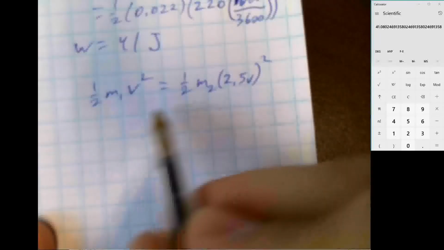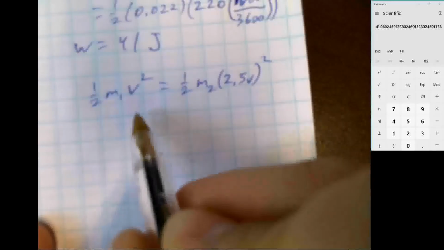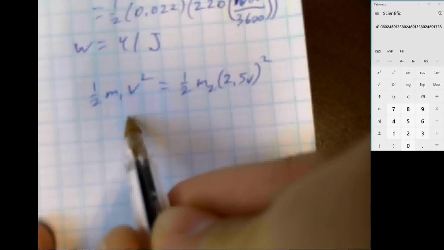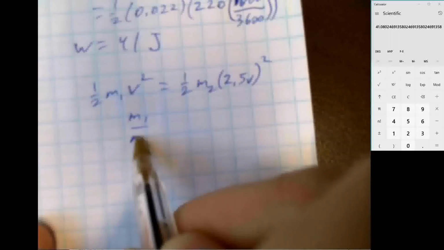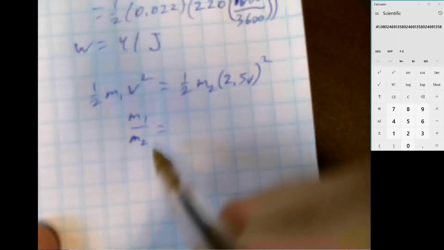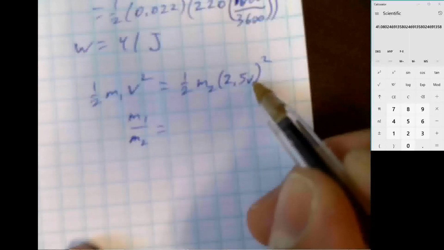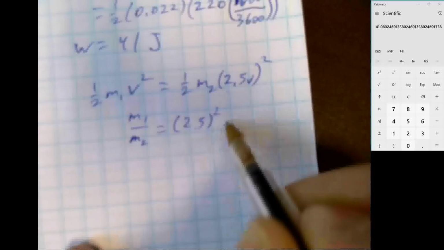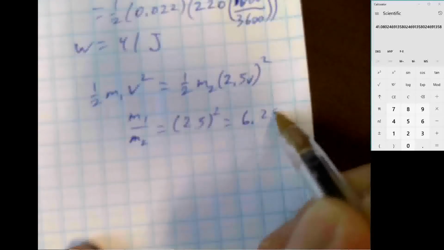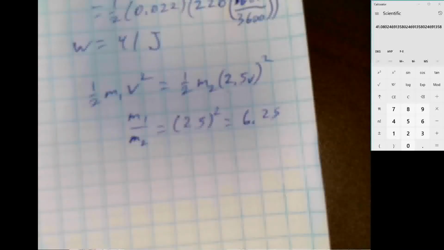To find the ratio of their masses, I need to find m1 divided by m2, or m2 divided by m1. This v squared will divide by that v squared. So I'm really just left with the square of 2.5. And that's going to be 6.25. So the ratio of their masses is 6.25. One is 6.25 times larger than the other.